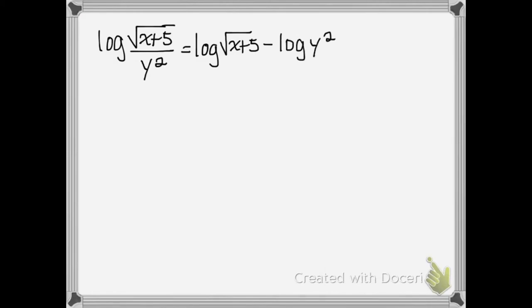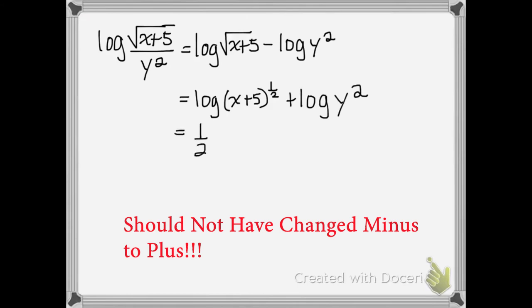We're going to take a brief aside here to rewrite the radical in exponential form. So radical x plus 5 is x plus 5 to the one half. And then for both of these terms, we can apply the power property.